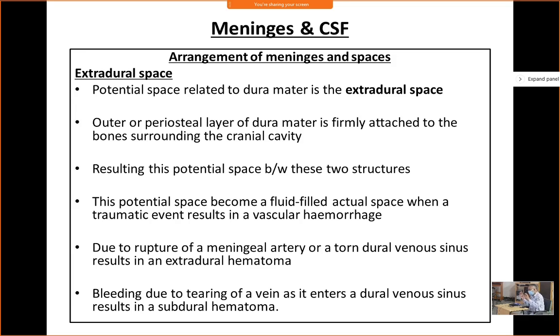Then in the extradural space there will be accumulation of venous blood, and this accumulation will compress the brain, and ultimately the patient will suffer. But once we remove the venous blood from this extradural space, the compression will be removed and the patient will immediately get relief from the problems.